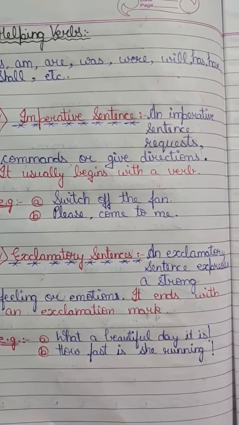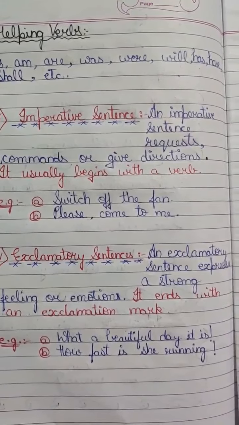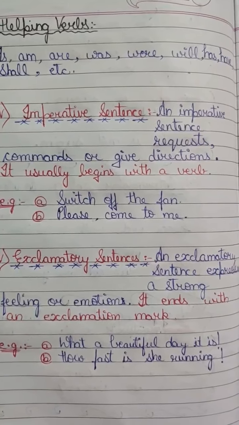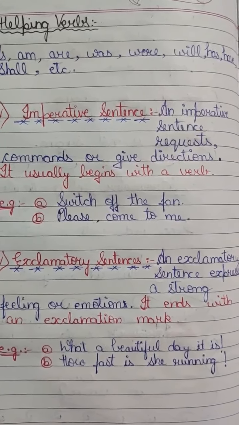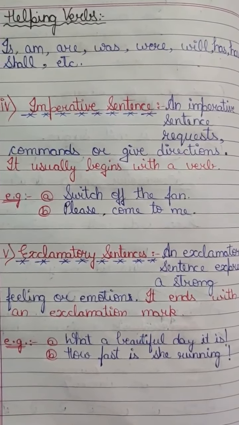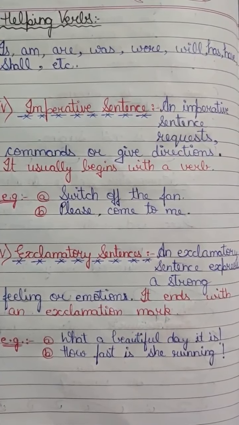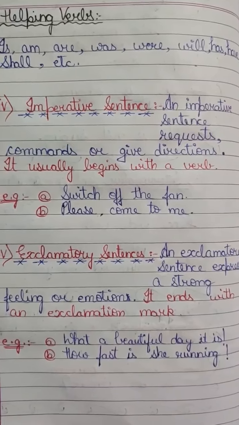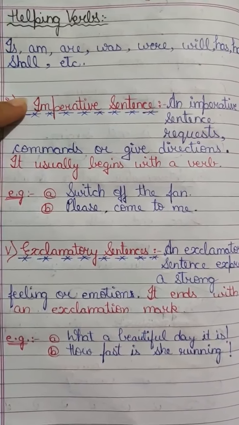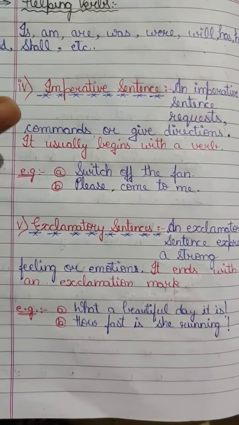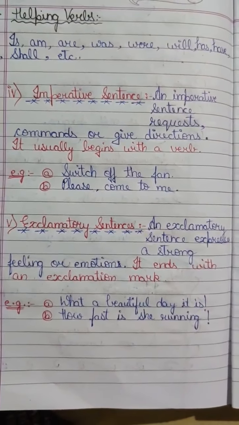If I am saying this to someone, I am ordering or commanding something, right? Next one, please come to me. I am requesting someone. So requests, commands, and directions come under imperative sentences, right? I hope it's clear.